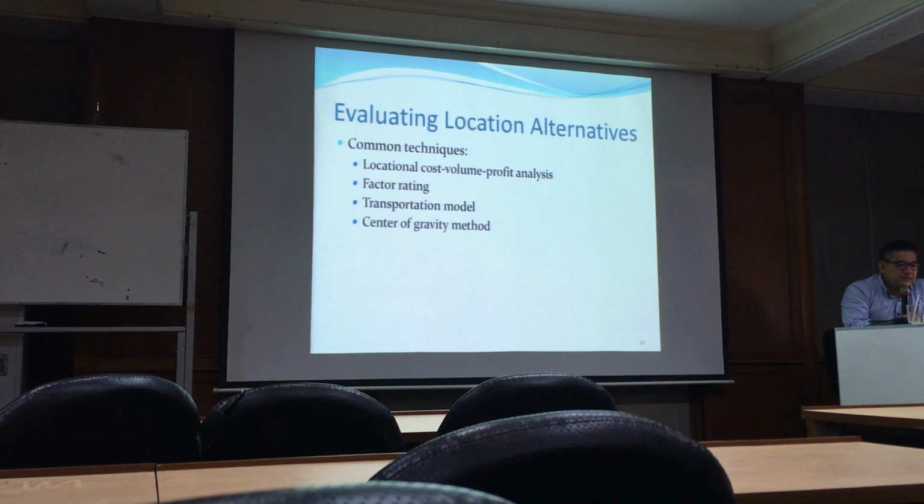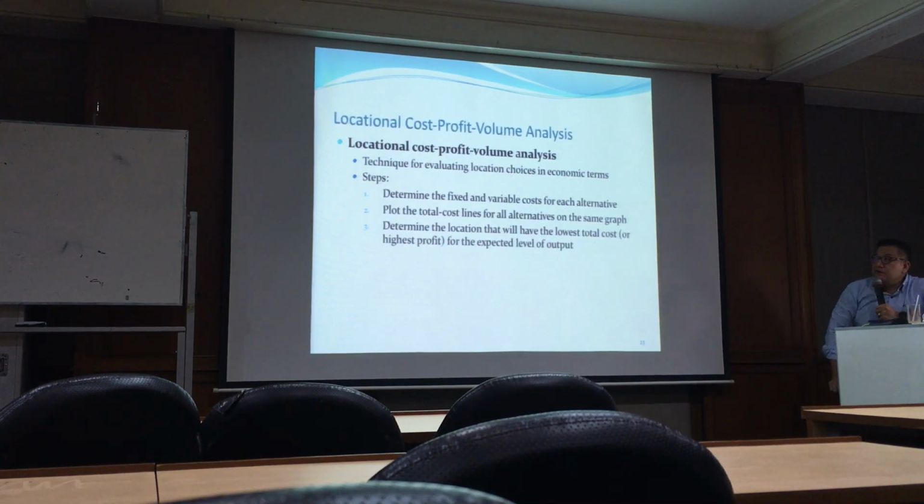Okay, look at the first one, cost volume profit analysis. It's a very simple way where you just calculate the total cost, by combining the fixed cost and variable cost related to that alternative for your location. And for sure you have several alternatives.